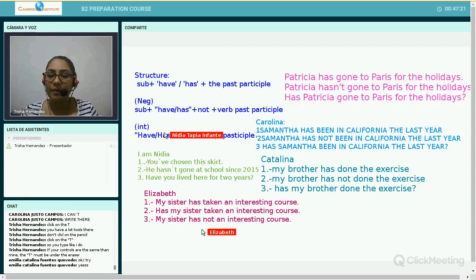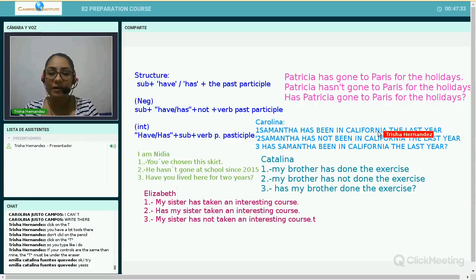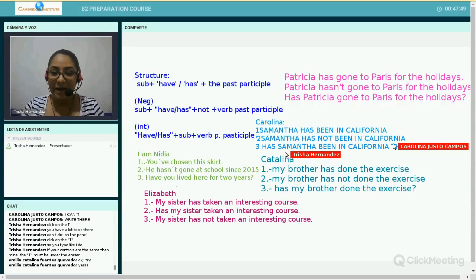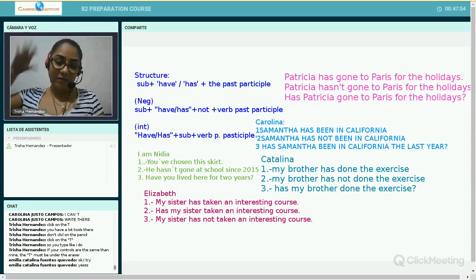When you say that she has been, you don't need to make the emphasis. So it would be only Samantha has been in California. There, that's okay. Samantha has not been in California. Remember the word that we were going to use here. Samantha has not been in California, or has not ever been in California.